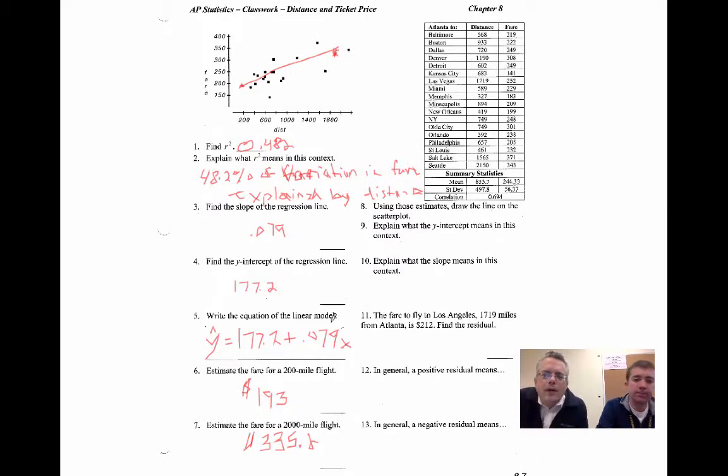Okay, for the slope, explain what the slope means in this context. Maybe we could write the slope, include units, and then explain. Well, the slope's right here. The units would be dollars per mile.